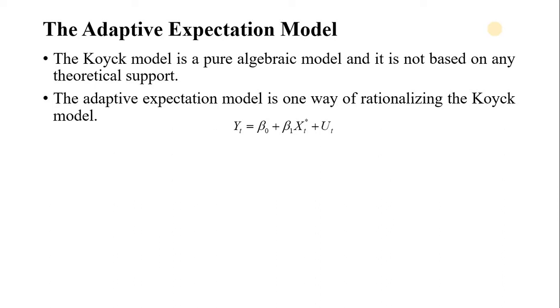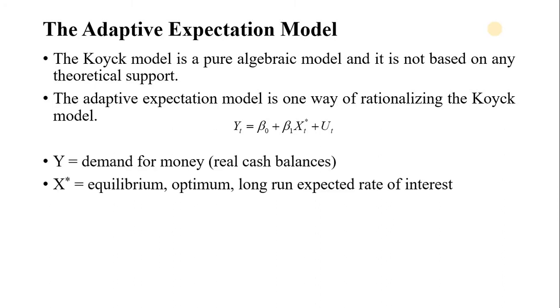Y_t is equal to beta 0 plus beta 1 X star t plus error term. You might have studied this equation in your macroeconomics classes when we discussed demand for money. What is Y_t? Y_t is nothing but demand for money, or demand for real cash balance. X star t is the expected interest rate, or long run interest rate, or optimum interest rate, or equilibrium interest rate.